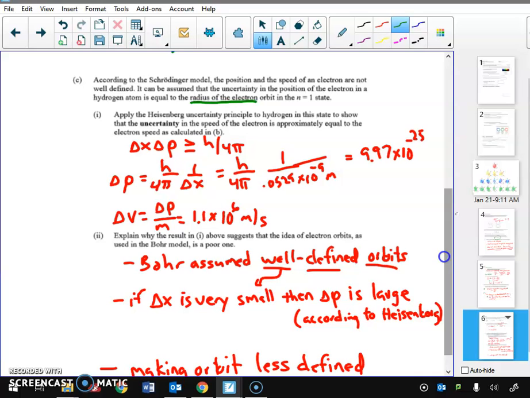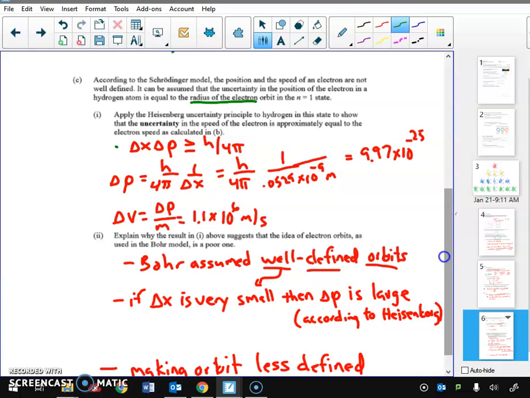What we're basically saying is if you're not looking at the electron, you don't really know where it is. If you want to pinpoint where it is, in other words, at its radius, you're going to lose information about where it's going or where it's going to be any time later. So that gives an inherent fuzziness as to where the electron is at any time. That's the Heisenberg uncertainty.